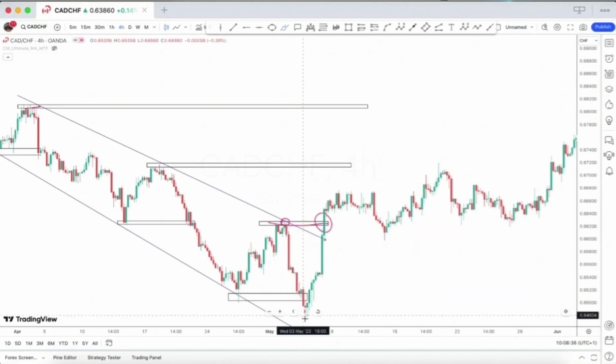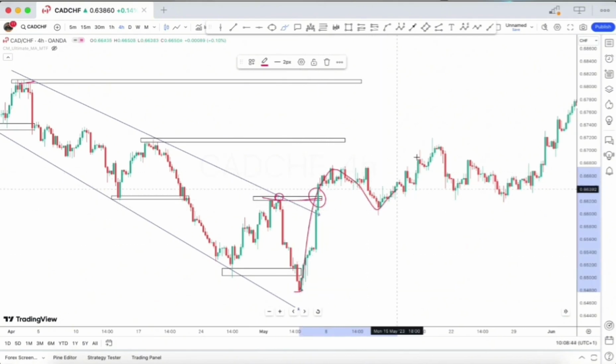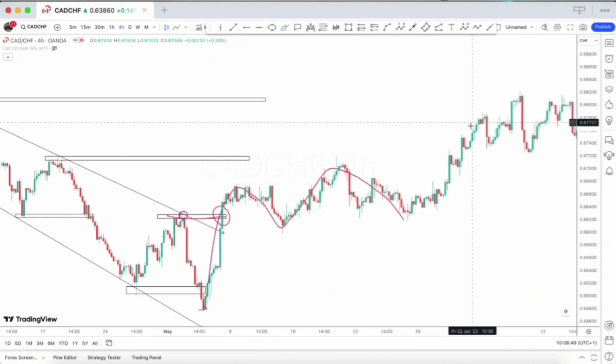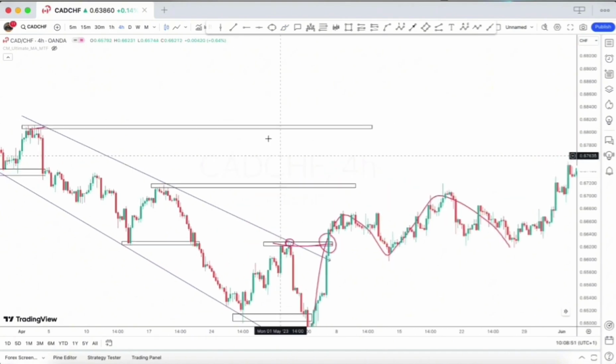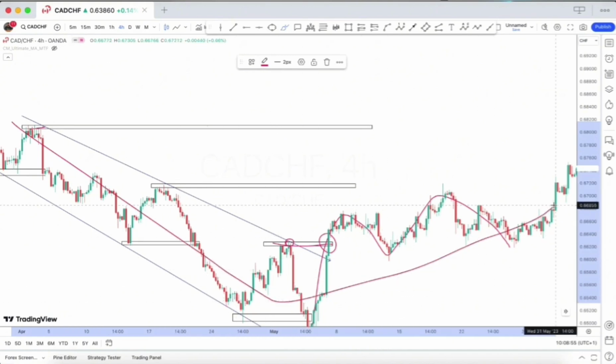So now we are having this as our previous low. So this is the impulse, this is the correction, the impulse and correction. You can see that subsequently price started changing direction to the upside. So you can see how price shifted from a downtrend market to an uptrend market.